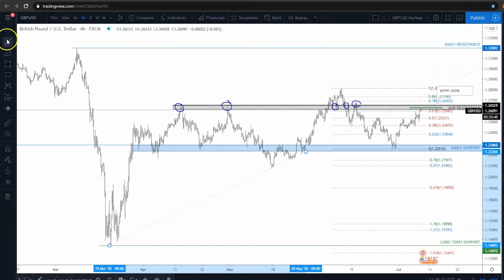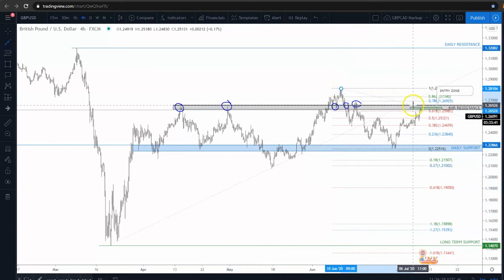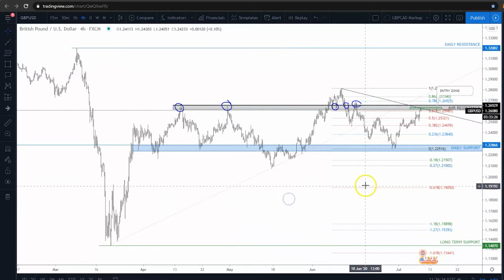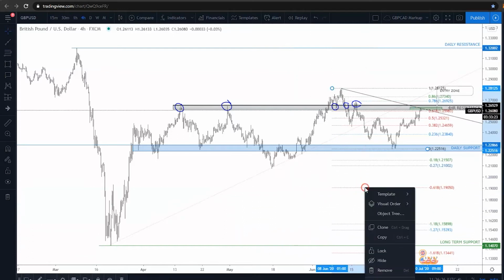And then I'm going to draw my downtrend line, because if it breaks through my downtrend line, then I know that it is no longer a sell. So I'm just going to change the color so that I know what it is. And I'm going to take this fib off here.